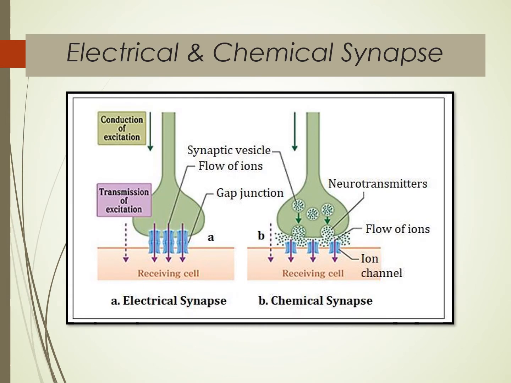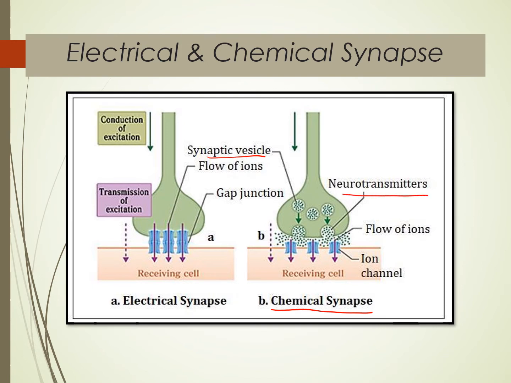This particular diagram is presented over here. It denotes the difference between the electrical synapse and the chemical synapse. See, in the right hand side diagram, this is the chemical synapse. Over here, the synaptic vesicles are present, and within the vesicles there are the neurotransmitters which are existing.